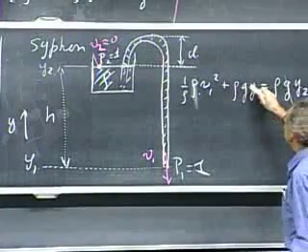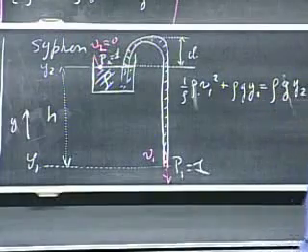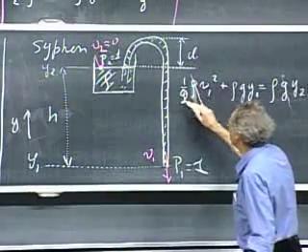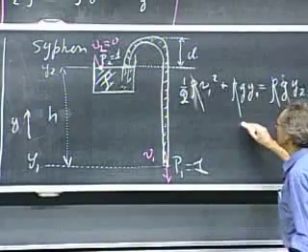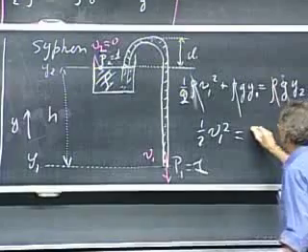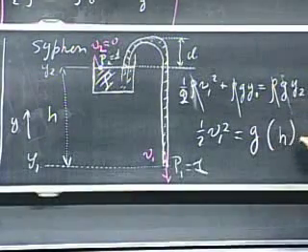And so I lose my rho. And so you get that 1/2 V1 squared equals g times (Y2 minus Y1), which is H.